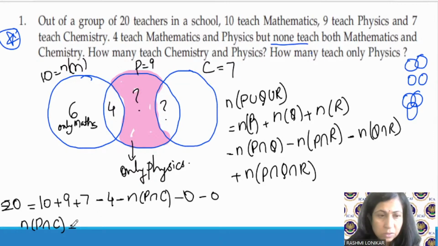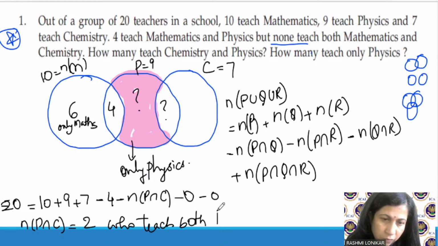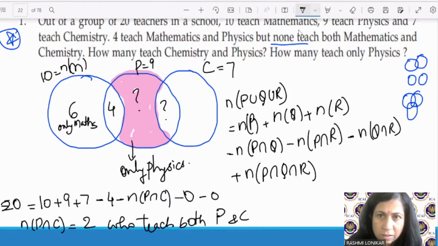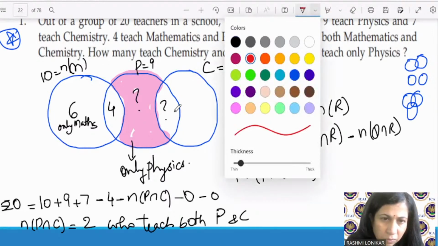Okay, this is 2. I take P intersection C to that side and then I solve this. So I get the number of teachers who teach both physics and chemistry. So instead of this, what am I going to write here? I found it to be equal to 2.